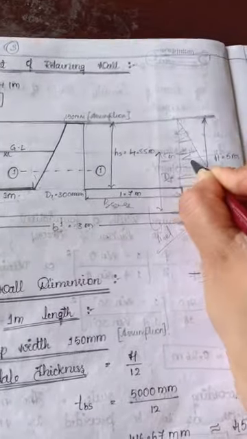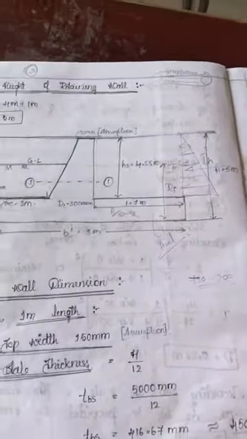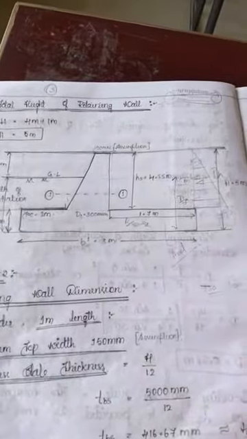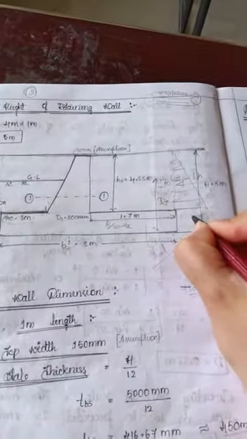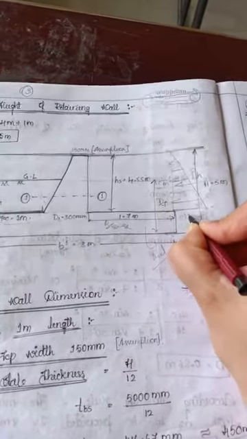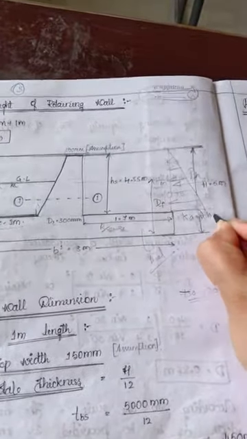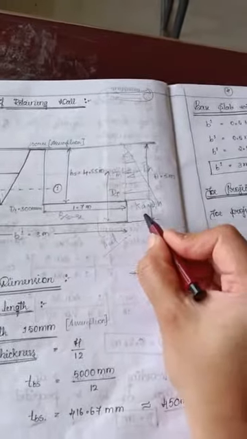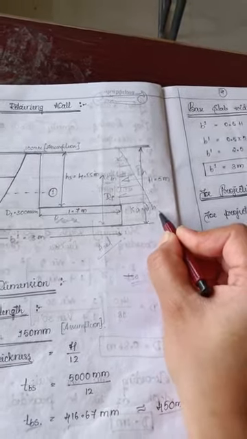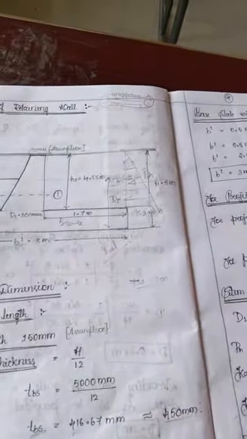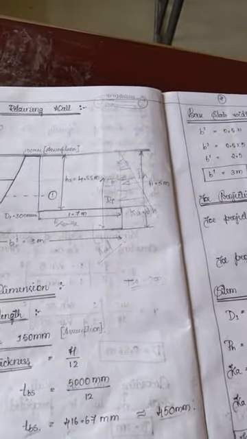Here the pH value is placed in this place. This is the formula we are going to use: Ka into density into height of the stem, because we want to find the total pressure on the wall.